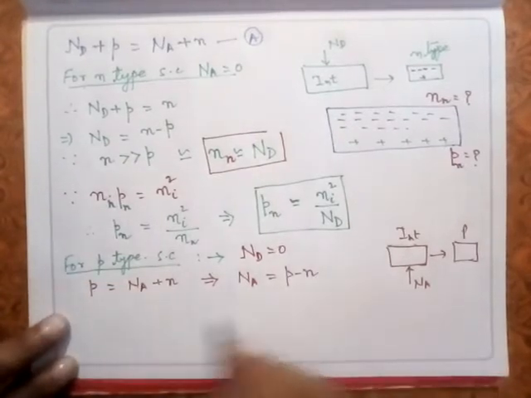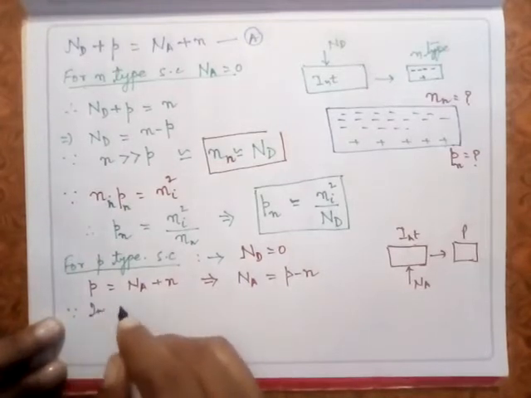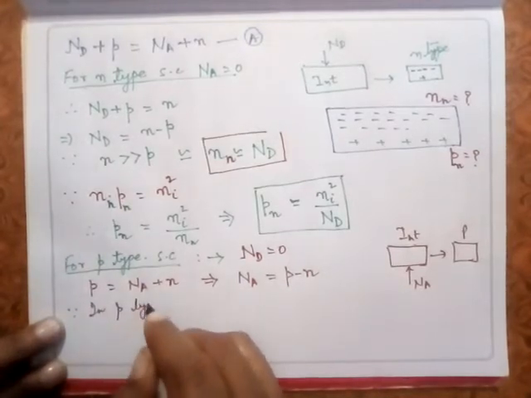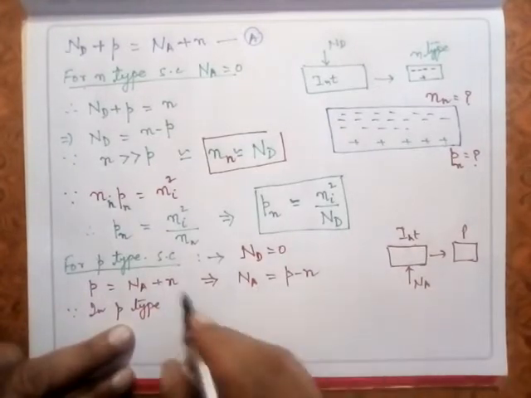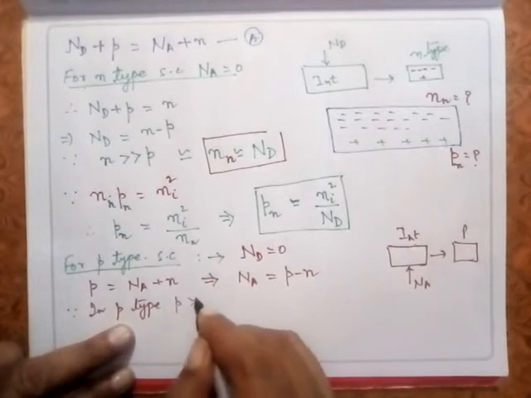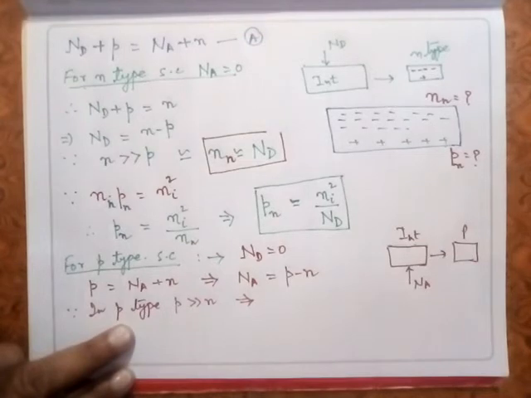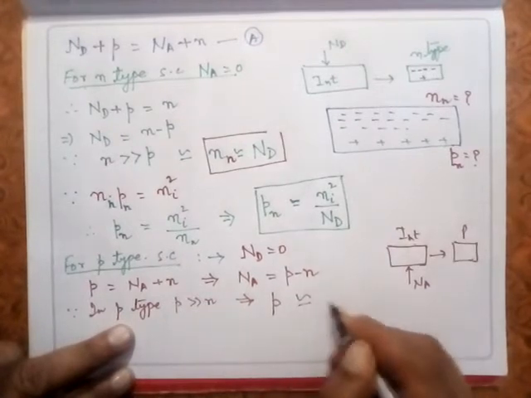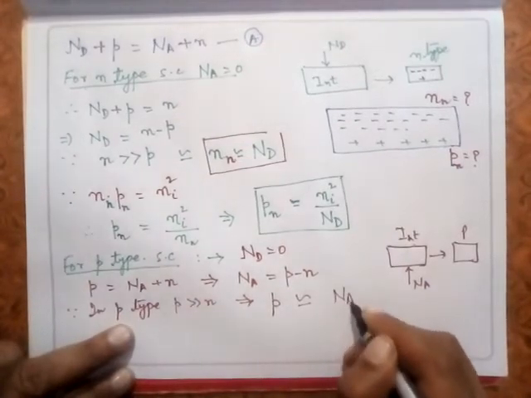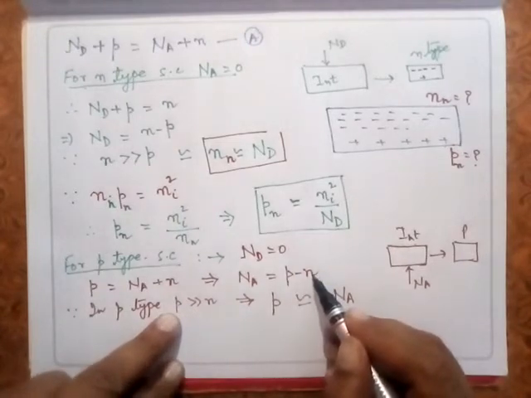Now, since in p-type semiconductor holes are the majority charge carriers, holes are far greater than the number of electrons. So I neglect n, and I can say that p is approximately equal to Na. Here holes are majority charge carriers and electrons are far less in number.